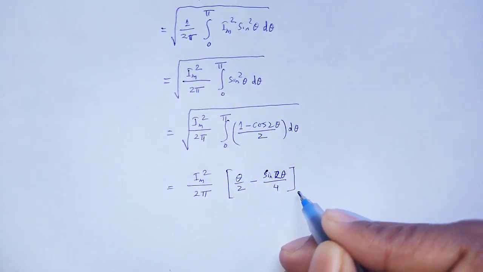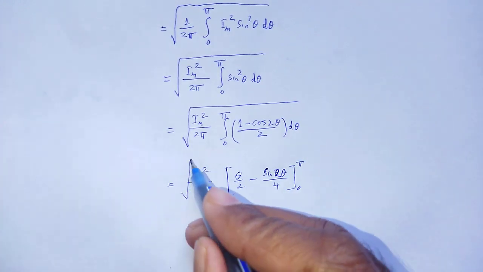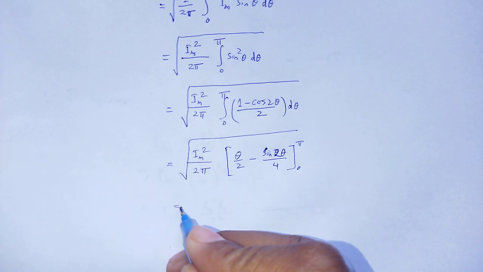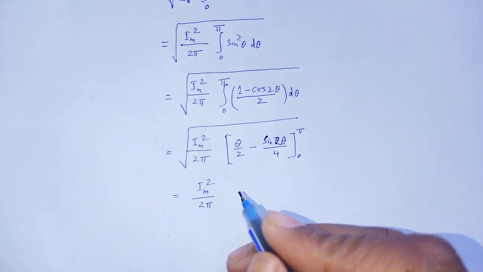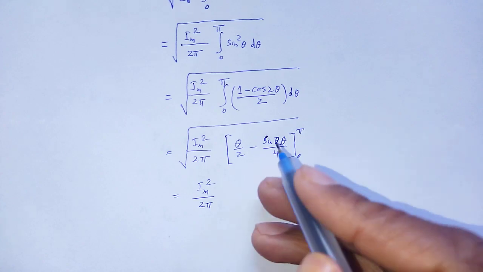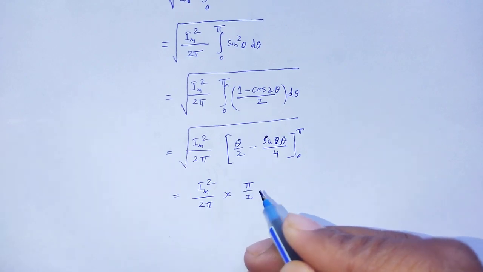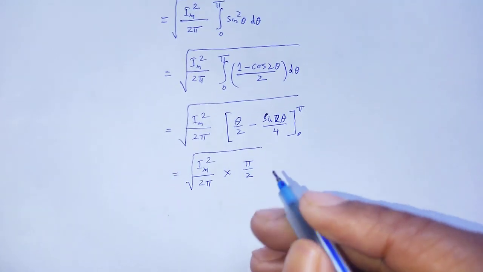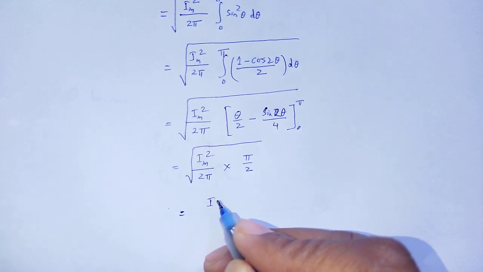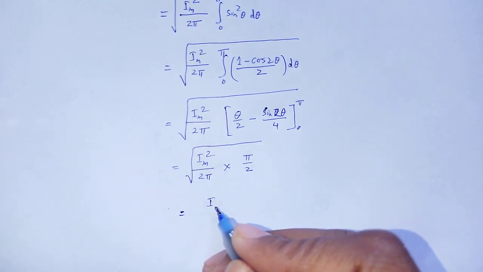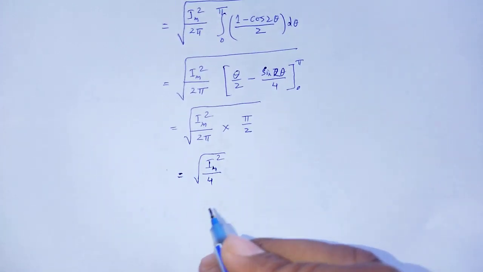Use the upper limit and lower limit 0. Under root, it is equal to Im square divided by 2 pi, upper limit minus lower limit. The final result is pi by 2 under root, which is equal to I. Here pi cancels out, 2 to 4, so Im square divided by 4 under root.